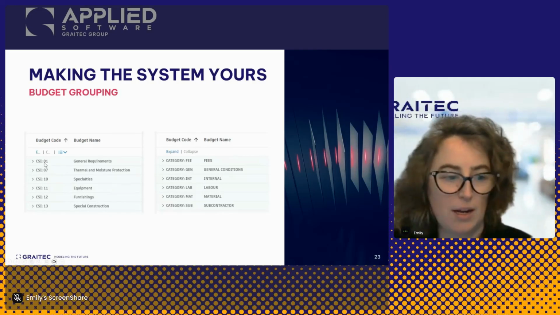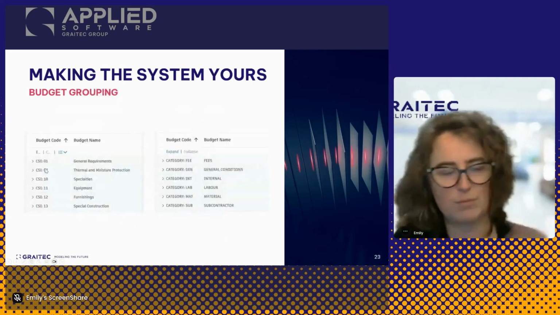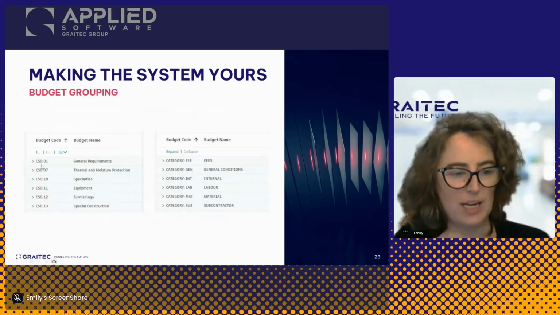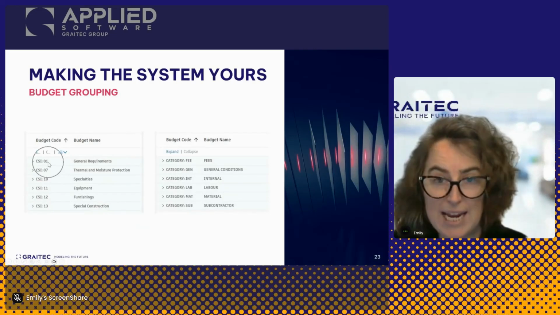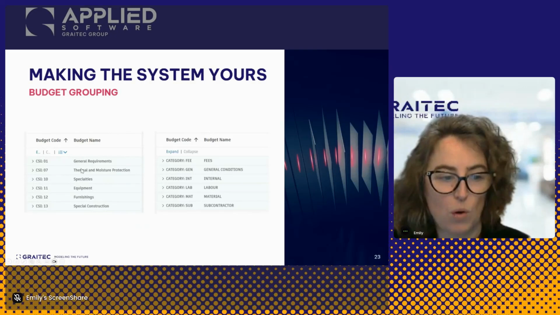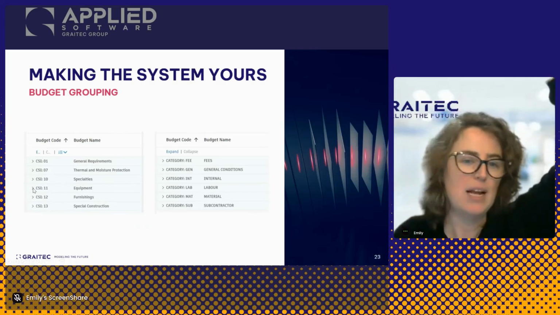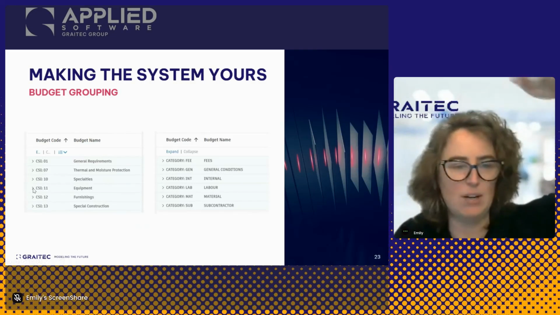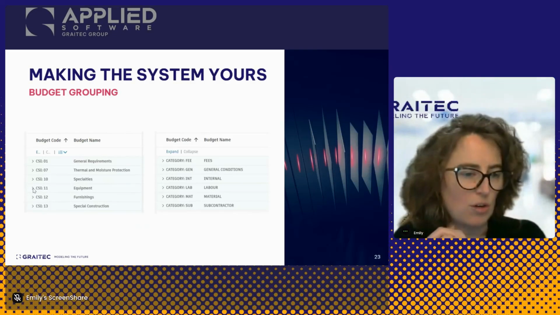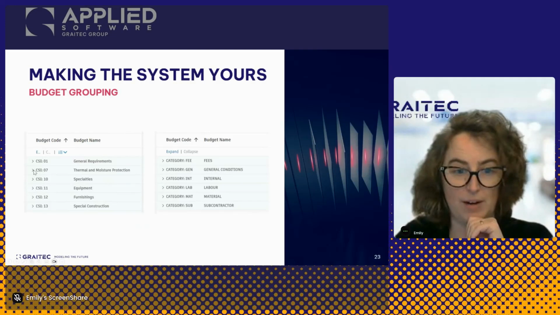By using an organized code system with that hierarchy of a master code or heading and all of the subcodes underneath it, we can roll up our budget into these main headings and very easily go through what was a 500 line system down into our 16 or 48 master codes or CSI codes, and then just open them up from there.